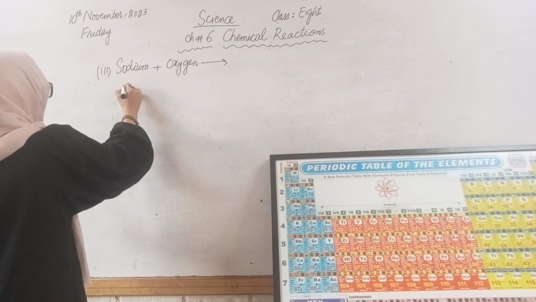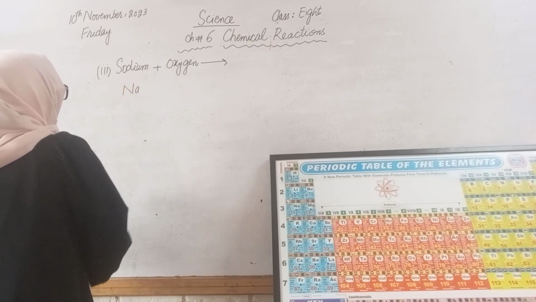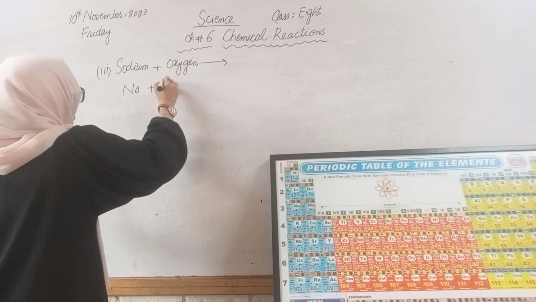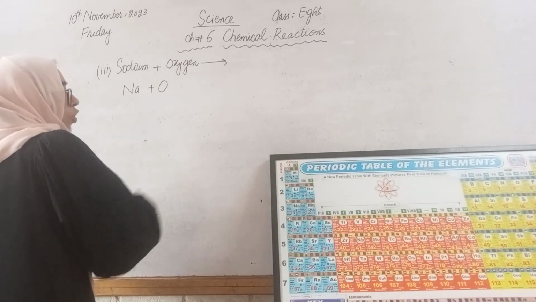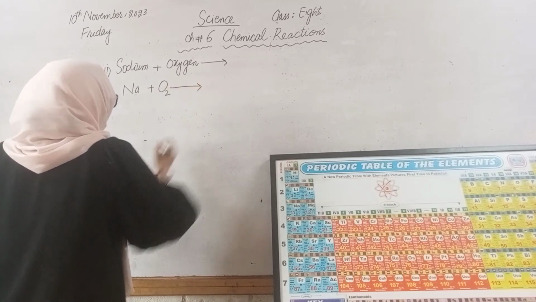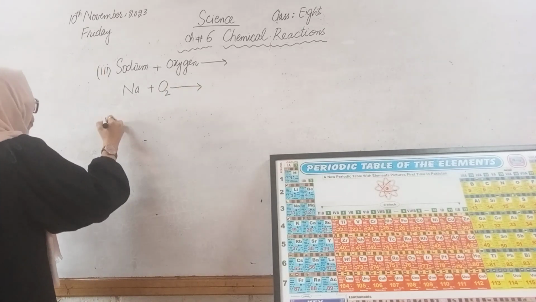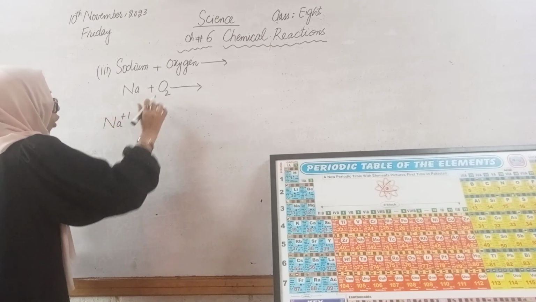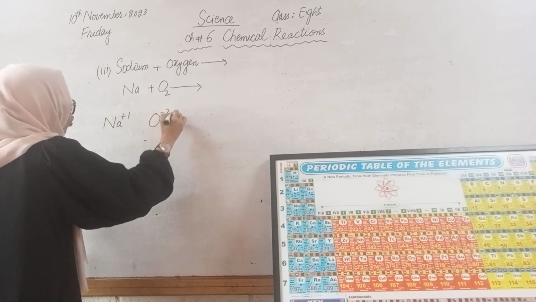Sodium has the symbol Na and the next one is oxygen. It has the symbol O. It is a gas, so it is in the divalent form. In this example, Na has charge +1 and O has charge -2.